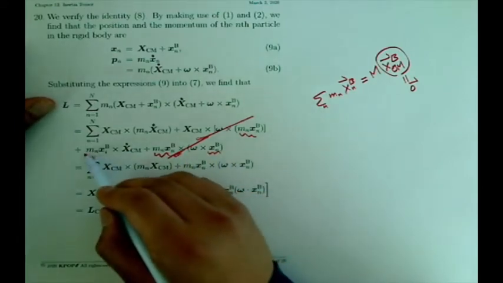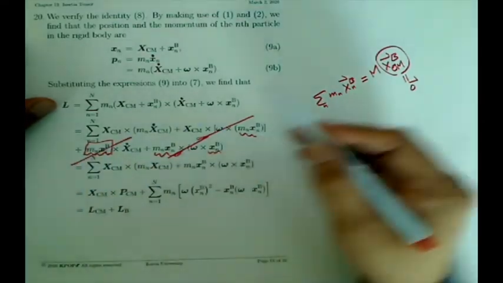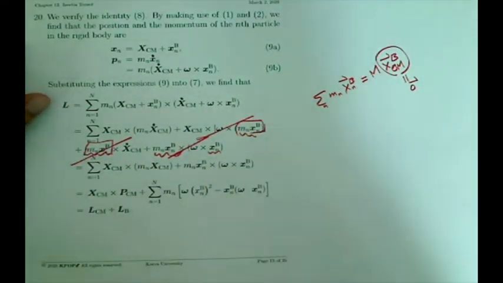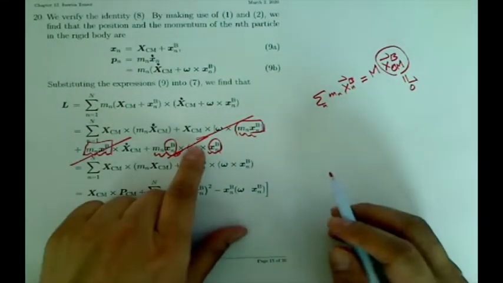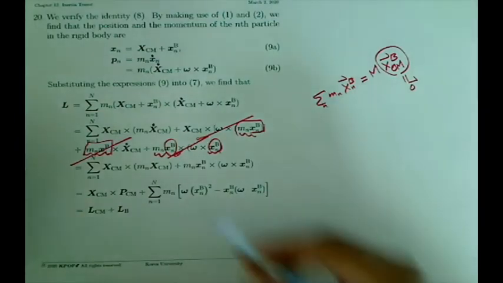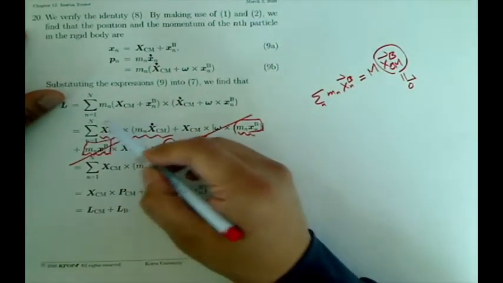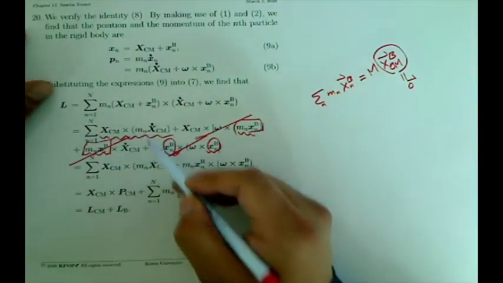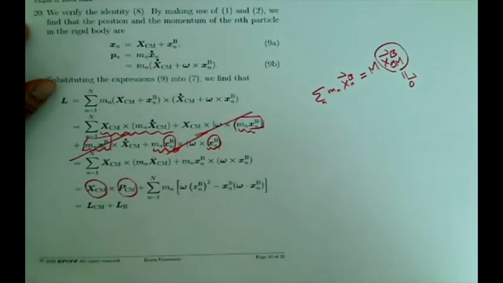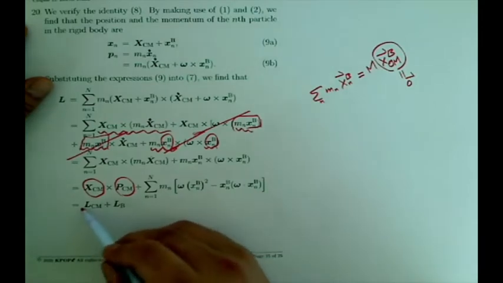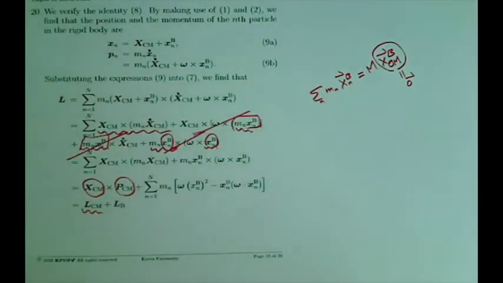x_b appears only once in this one and this one. These two contributions vanish, but we have x_b twice in the other one, and that one does not vanish. The first contribution, if we sum over n, gives the total linear momentum. So it is the center of mass position cross the total linear momentum, the orbital angular momentum of a single point-like particle whose mass is the same as the total mass M of the rigid body.